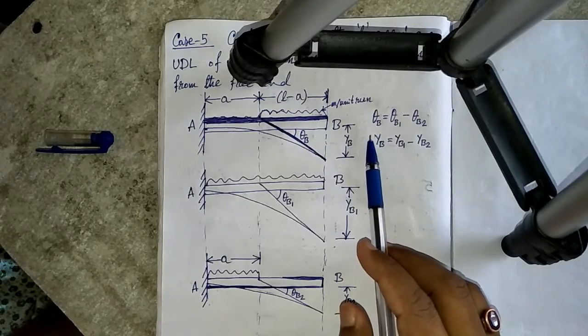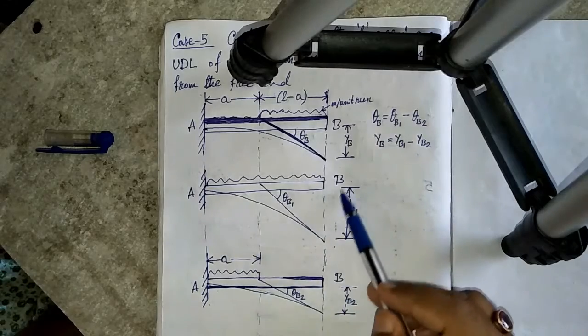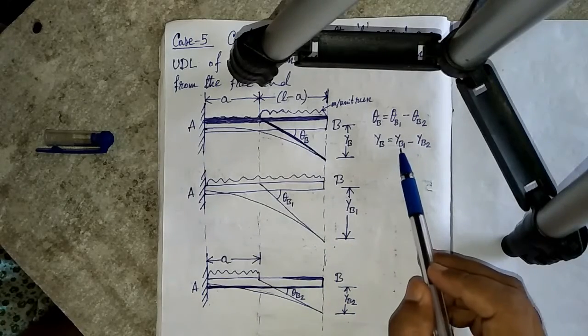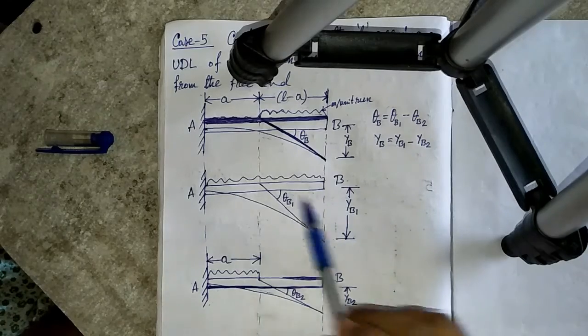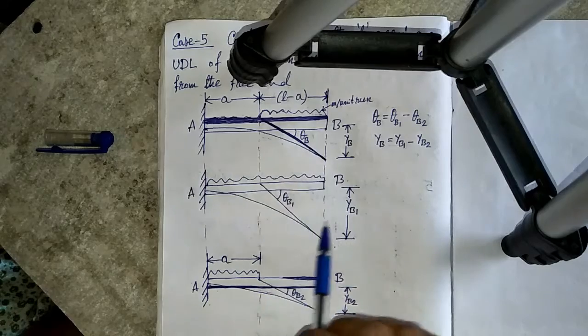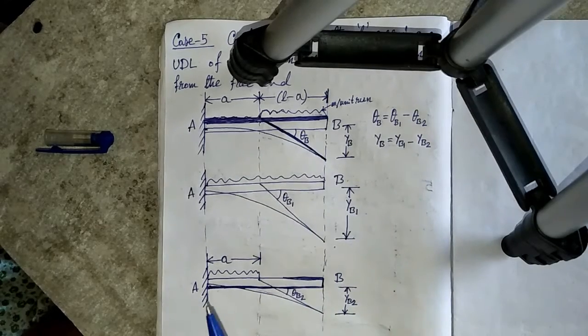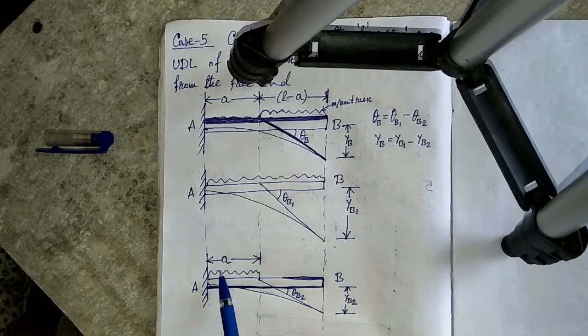We just have to subtract from the total deflection. The deflection for the UDL of the entire length is yb1, and the deflection for the UDL at a span A from the fixed end is yb2.